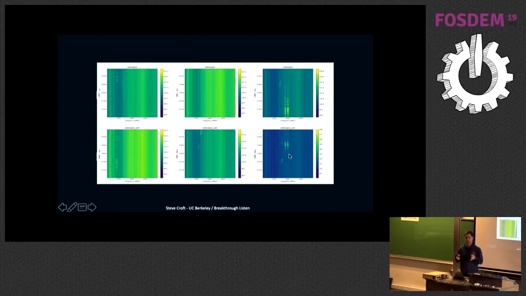If you're looking at the same star, any signal that you see coming from that star or from that object should be there in all of these, and it should not be there in all of the off ones. And they also say that the geosynchronous satellites will not appear in the same way. So any signal that you see in here but not here is really what you're looking for.